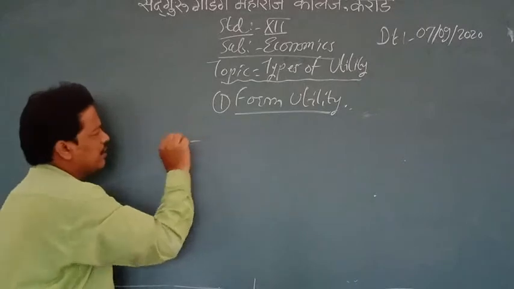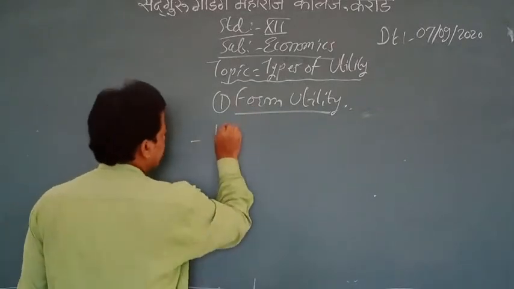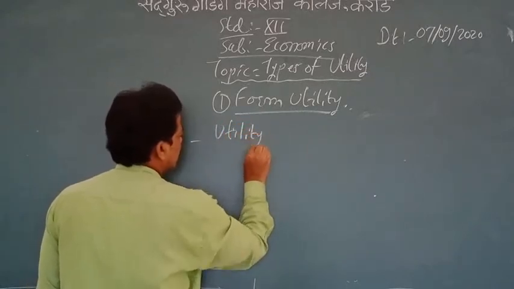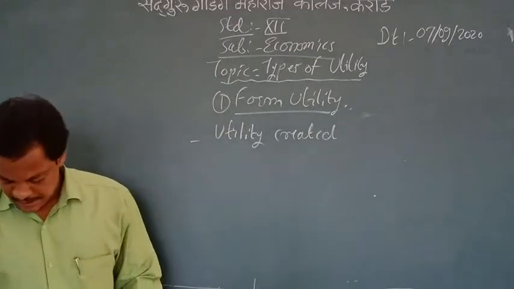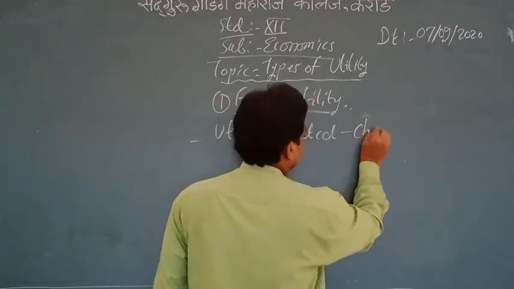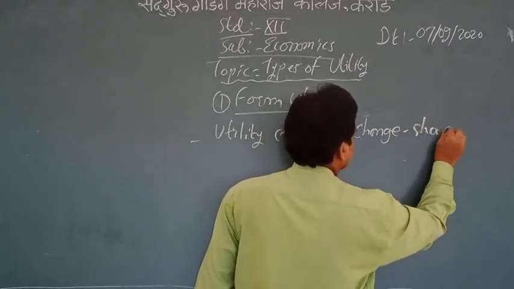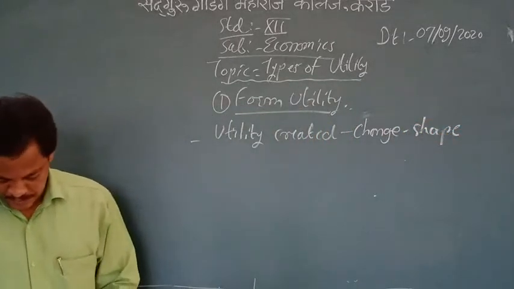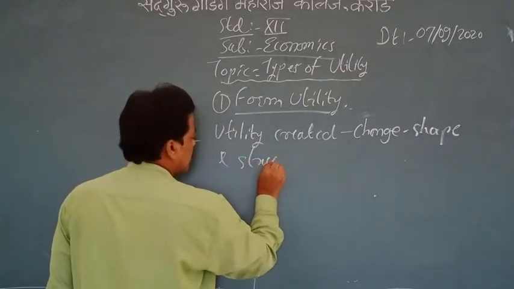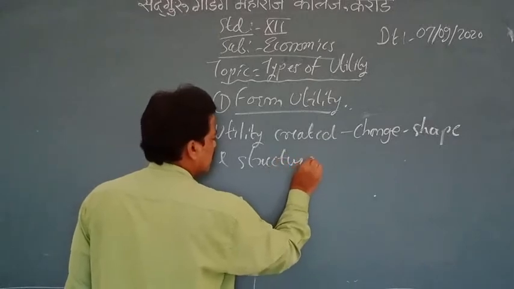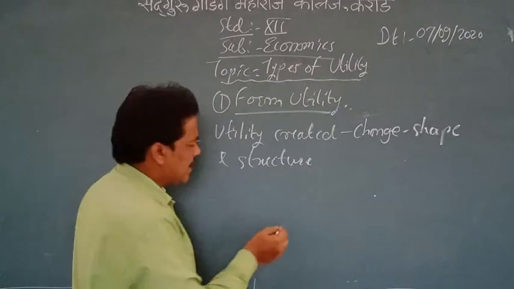Some important points. With the help of these points, you can write the answer. Form utility: utility created by the change in shape and structure of existing material.